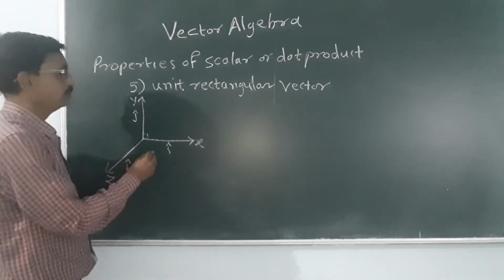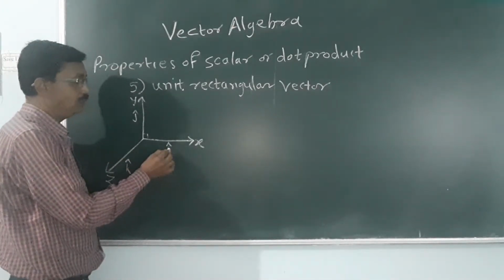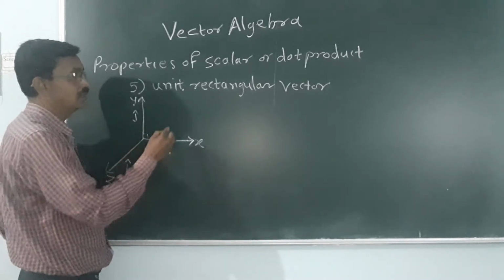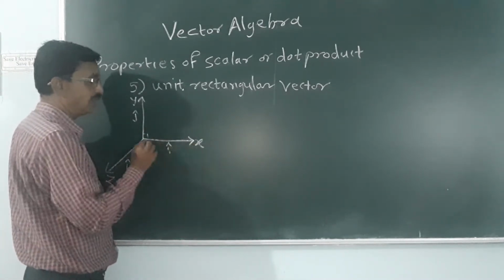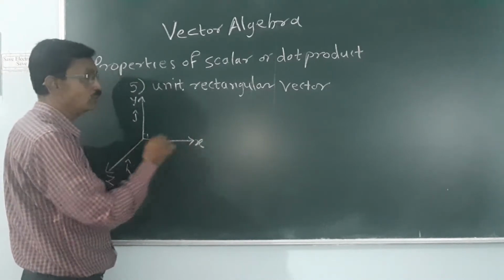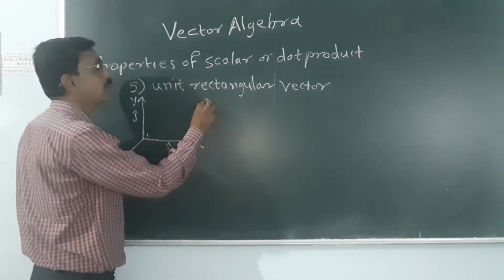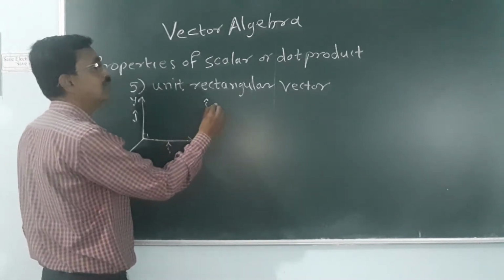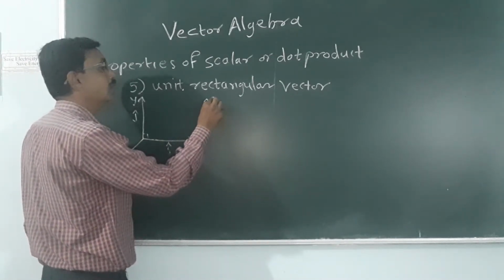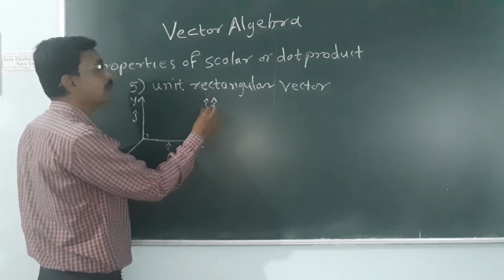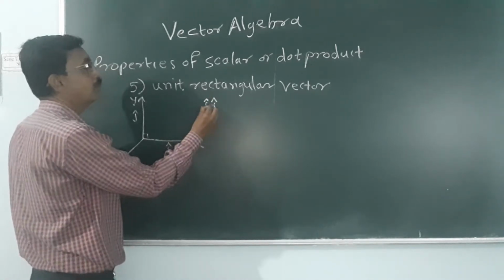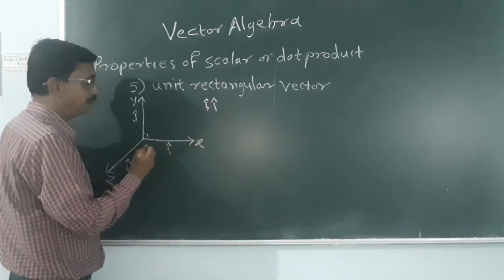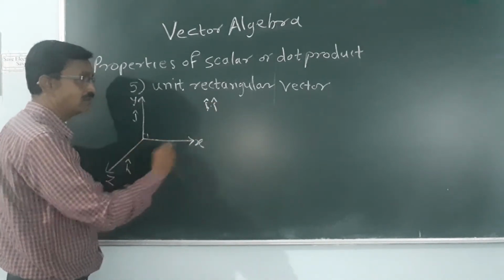So here we have the unit vectors i cap, j cap and k cap. If you consider the vector along the x-axis only, it is denoted by i cap. Similarly, consider the same unit vector i cap again. Then the product becomes i dot i, along the x-axis.